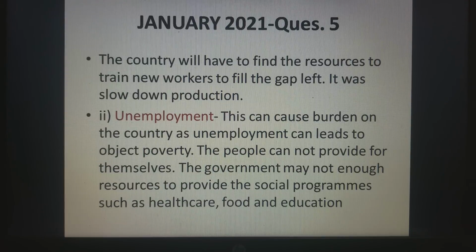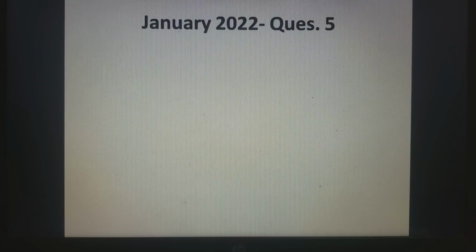So what we're seeing here is that unemployment will lead into abject poverty, and as a result of that, the people cannot provide for themselves, and so it puts a greater burden on the country to put in social programs to assist these citizens.